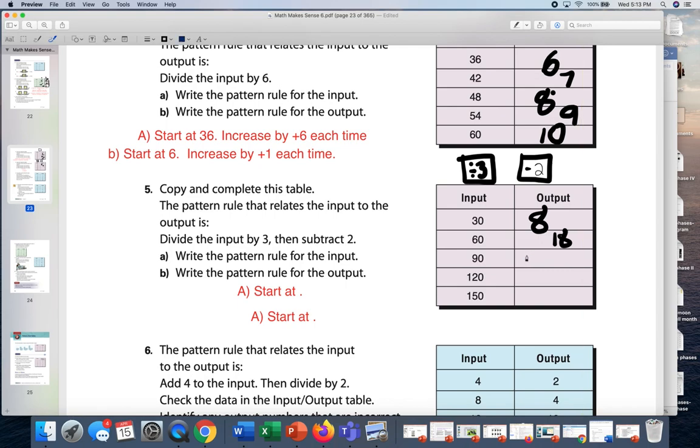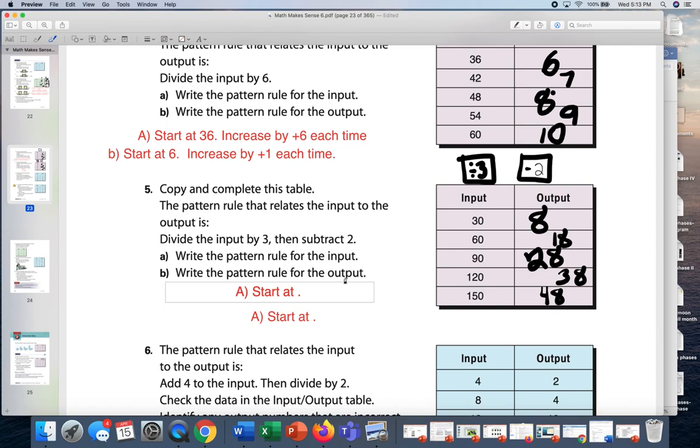This is one of my weekend goals, to figure out how to draw on this thing better. Then 120 divided by 3 is 40, so that's going to be 38. We're developing a pattern here. I'm going to guess this is 48, which it is, because 150 divided by 3 is 50, minus 2 is 48.